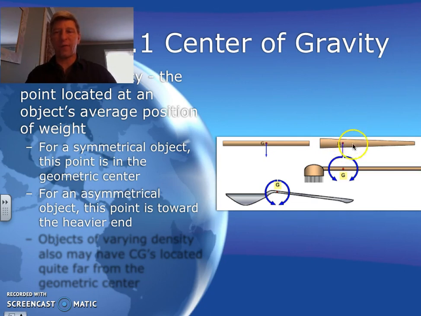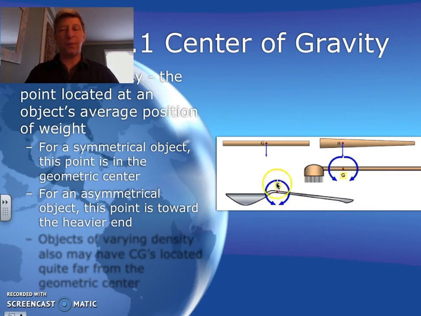The center of gravity is not in the middle here, but rather toward the left-hand side. The same thing is true of this brush. The middle of this thing is somewhere toward the right-hand side of that point G, but the point G represents the center of gravity.